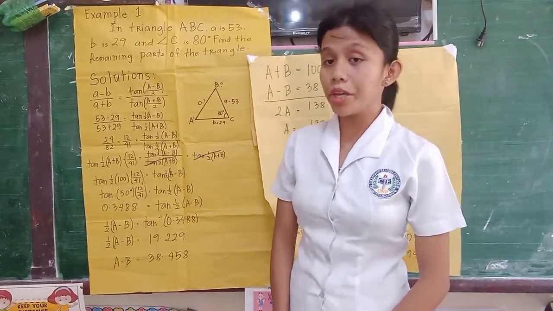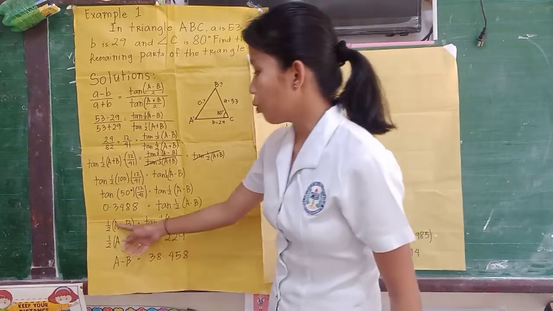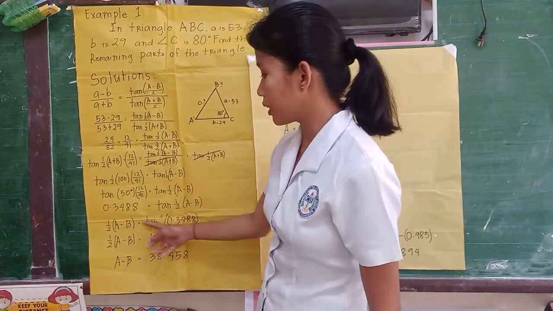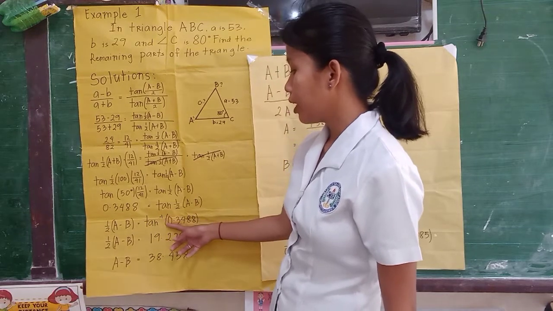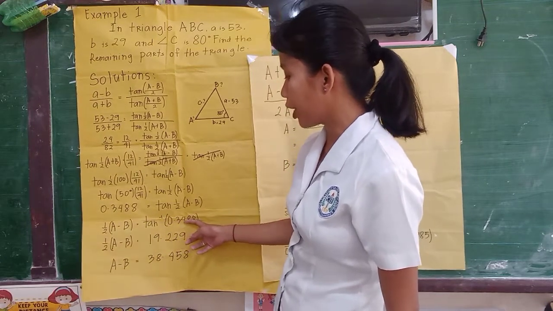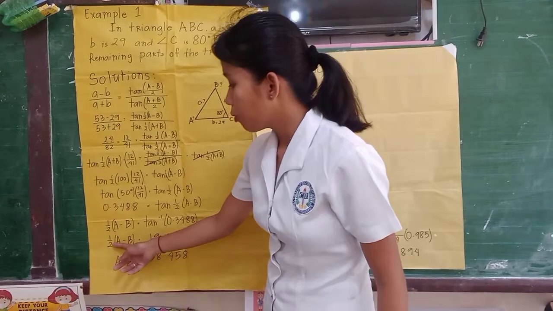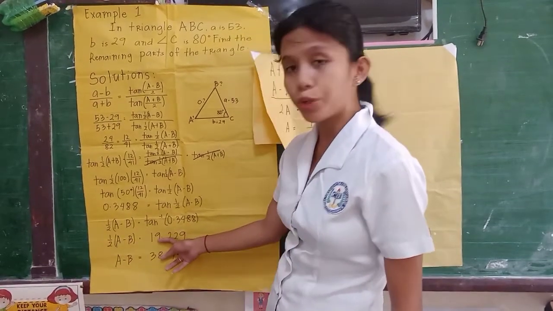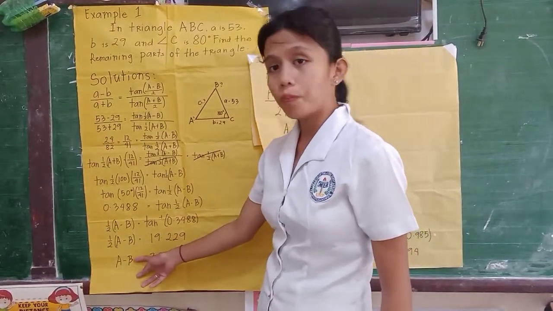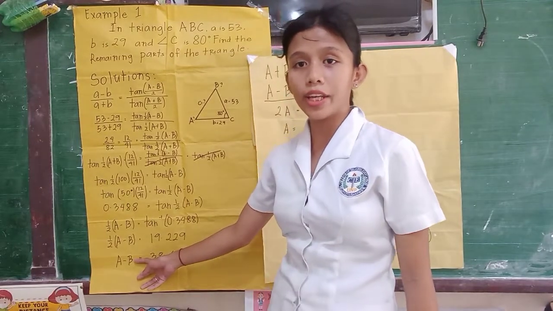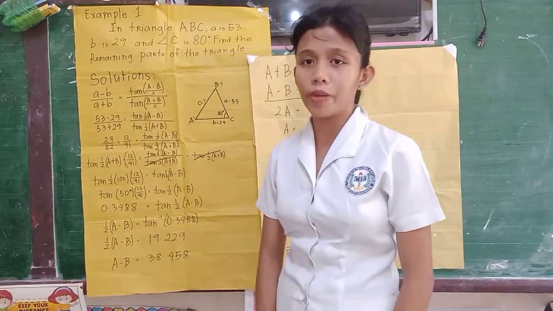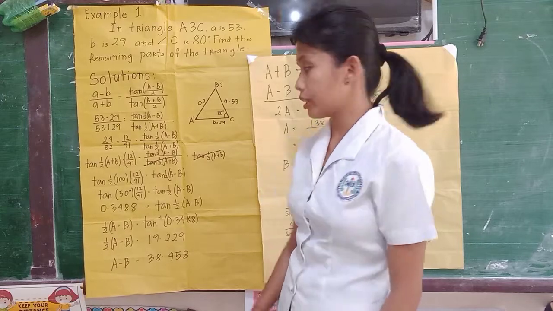Find the value of A minus B. It is ½(A − B) = tan⁻¹(0.3488). It will be ½(A − B) = 19.229. The difference between angle A and angle B is 38.458, or about 38 degrees.